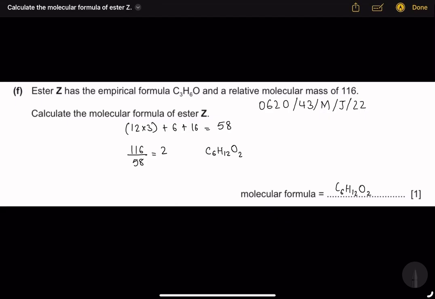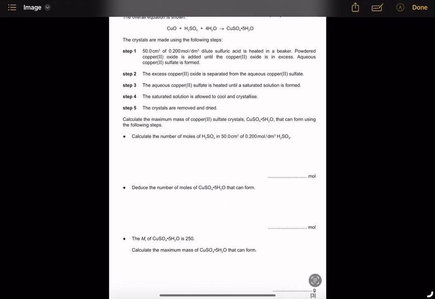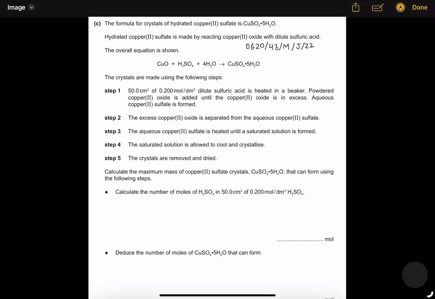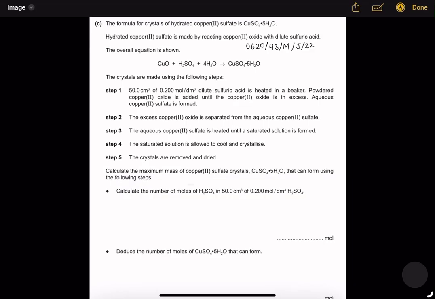Now we have the next question. So we have the titration calculation over here. In this we are making the crystals. Hydrated copper sulfate is made by reacting copper oxide with dilute sulfuric acid. The overall equation is shown. 50 cm cube of 0.2 mole per dm cube dilute sulfuric acid is heated in a beaker.